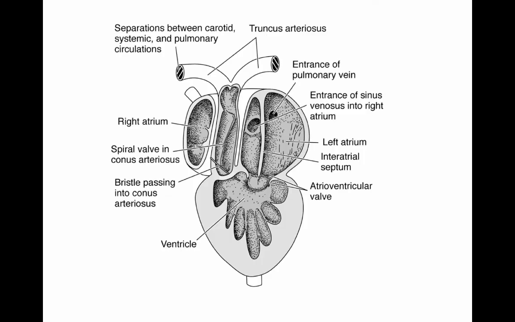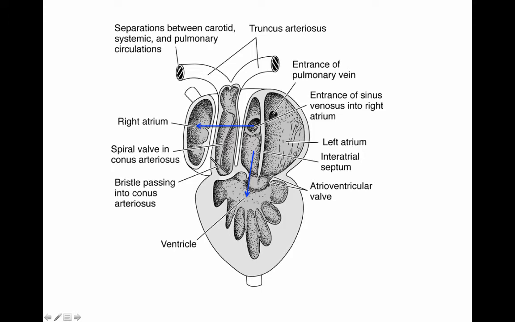So if we look at the blood flow through an amphibian heart, we no longer have this simple unidirectional flow with no mixing of oxygenated and deoxygenated blood. If we imagine the deoxygenated blood coming in here, this is the entrance of the sinus venosus into the atrium.